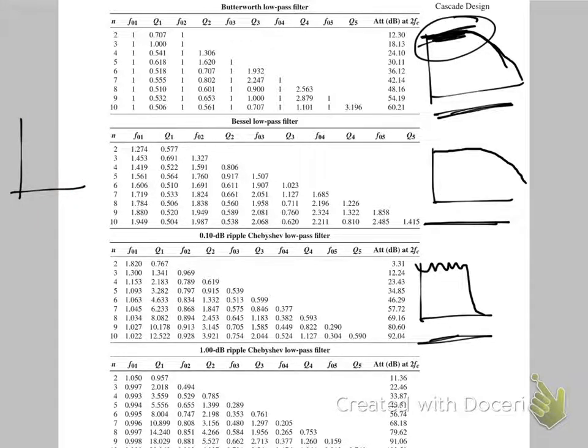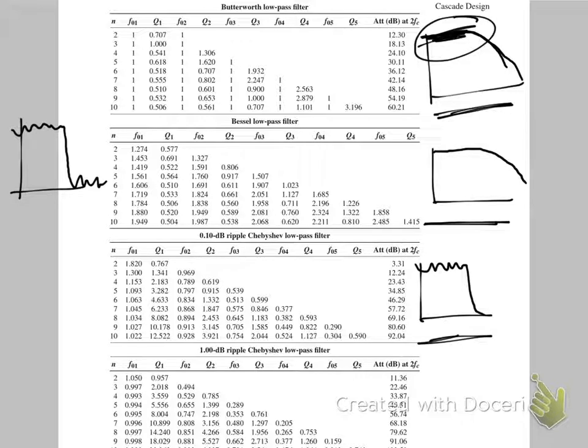For your Cauer filter, we said that there are ripples in your pass band and there are ripples in your stop band. And that's basically how your Cauer filter looks. So back to our Chebychev filter.